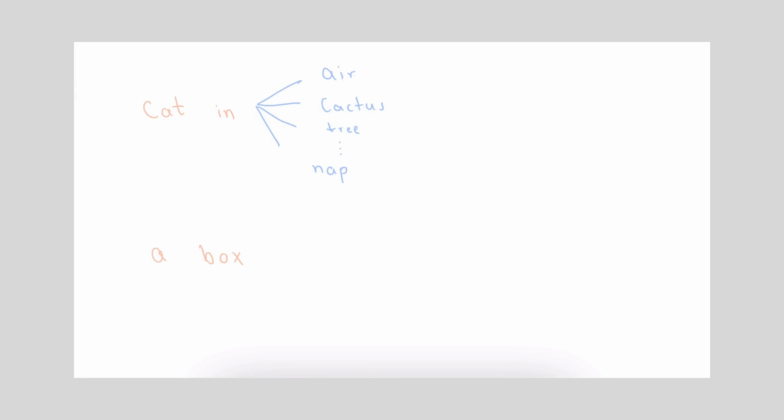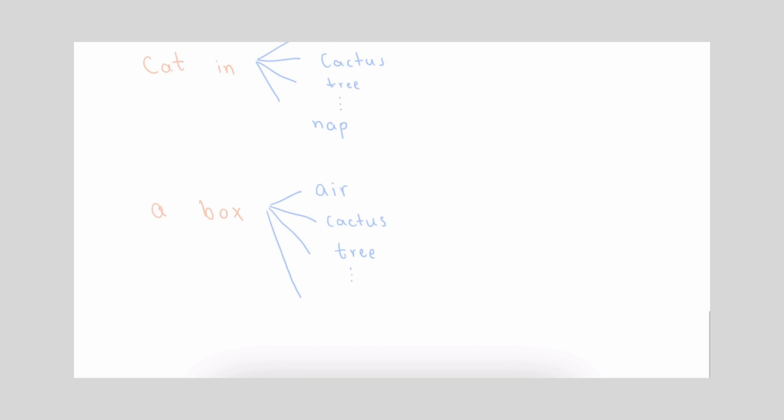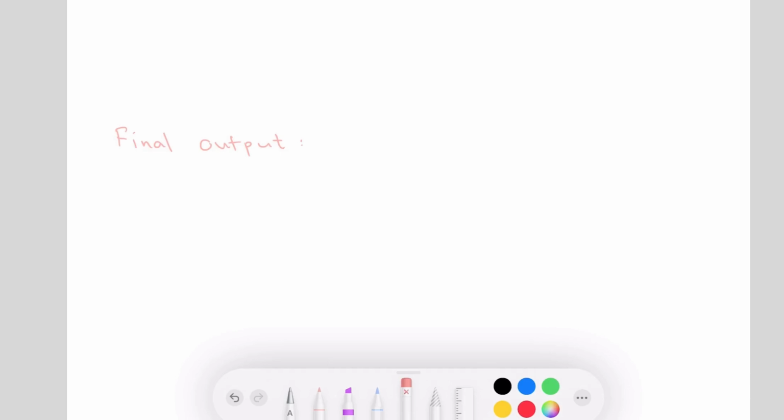This process also applies to the word "a box", starting from the beginning of the word list all the way to the end. The final output of a beam search is "cat in a box".